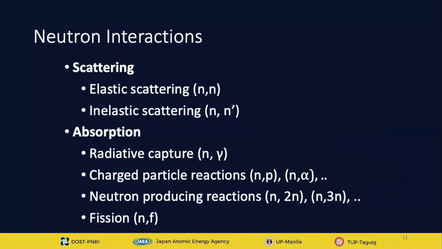When neutrons pass through matter and interact with the nucleus of the atom, the neutron is either scattered elastically or inelastically, or the neutron is absorbed by the nucleus, which results in some interesting nuclear reactions like radiative capture, charged particle reactions, the production of neutrons, and fission or spallation. Let's take a look at each of these interactions, when and how they happen.